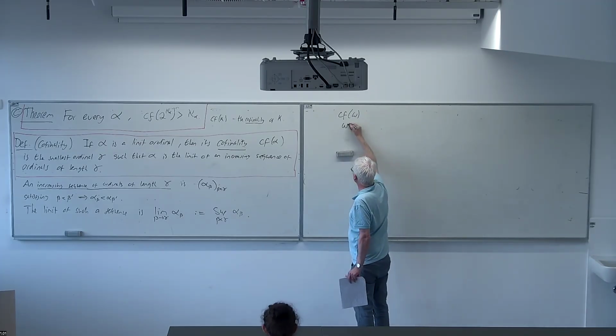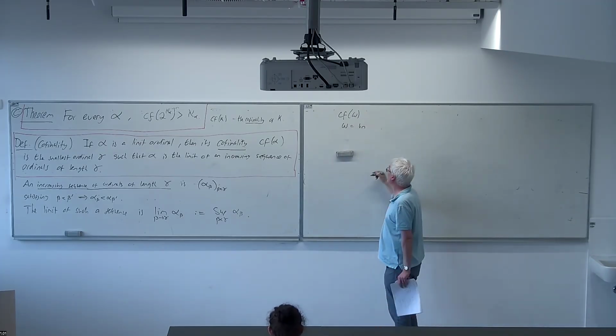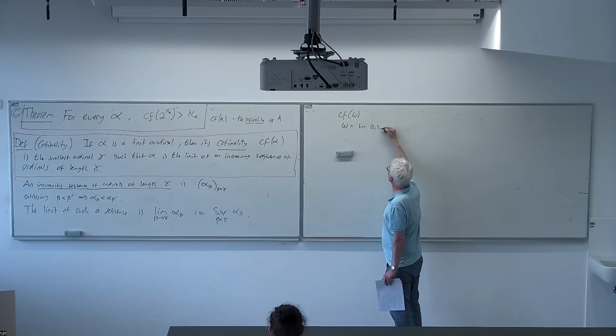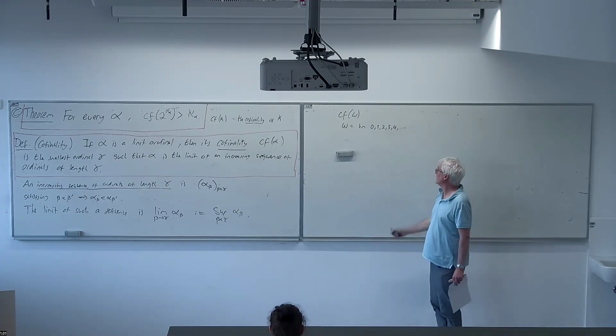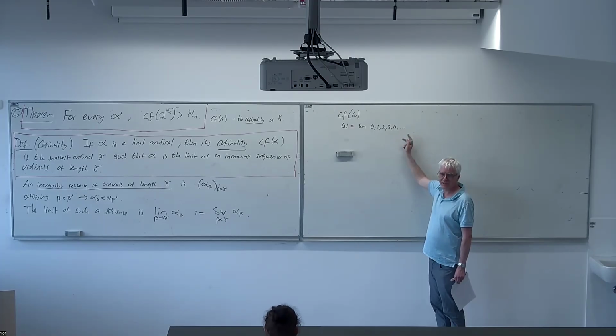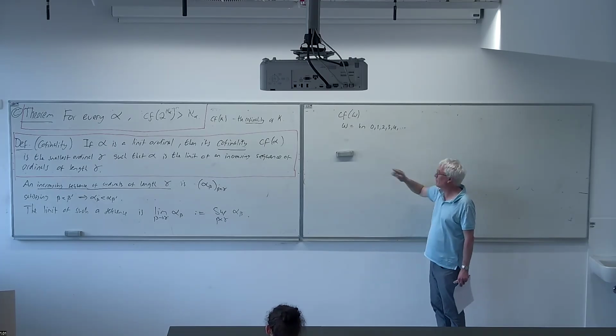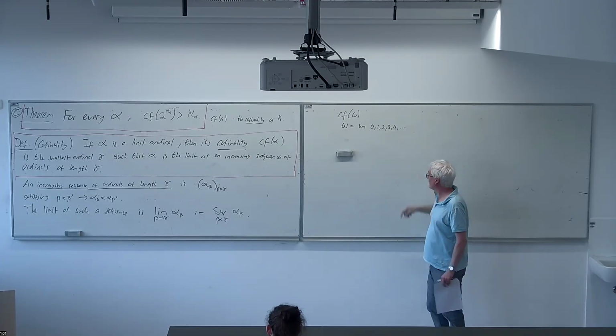Well, omega is the limit, or the supremum, of the sequence of finite ordinals. That's an increasing sequence. It's going strictly up. What length is it as a sequence? Yeah, it's length omega. So this is a sequence of length omega.